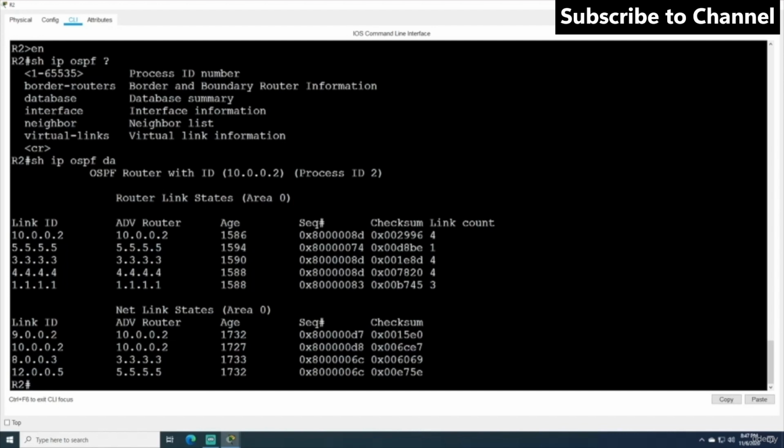This is unlike EIGRP where routers only know what they're directly connected to. And we can see this is so because on this link state database we can see each of the routers' IDs, all 5 routers. Now the other interesting thing here is under net link states we could see which routers are advertising to which networks.